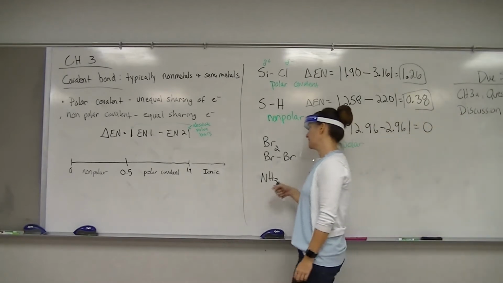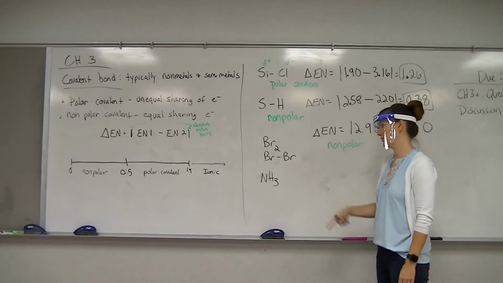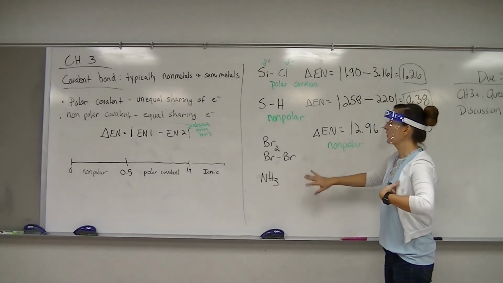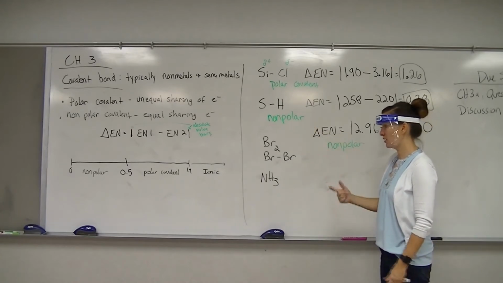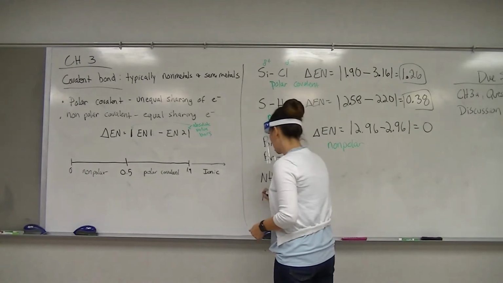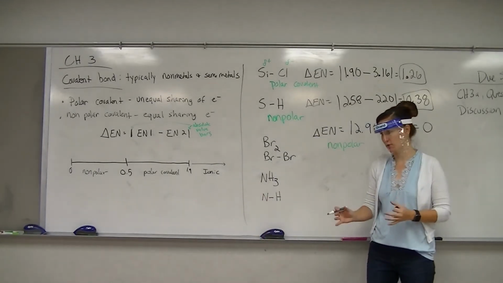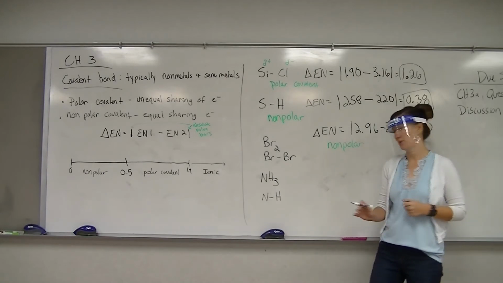All right, now this next one. NH3. We have nitrogen and then 3 hydrogens around it. When you see one like this and they're asking, what is the polarity of the bond, is it polar covalent or nonpolar covalent, they're asking just between the nitrogen and hydrogen. We haven't talked about structures yet. I don't think we'll talk about that till chapter 4.